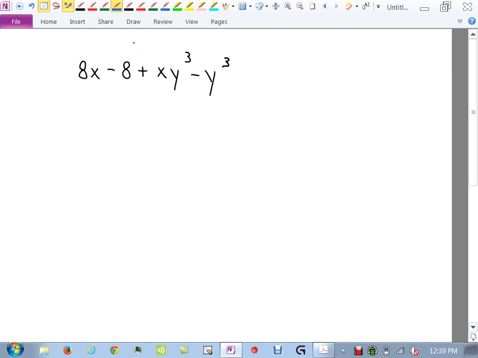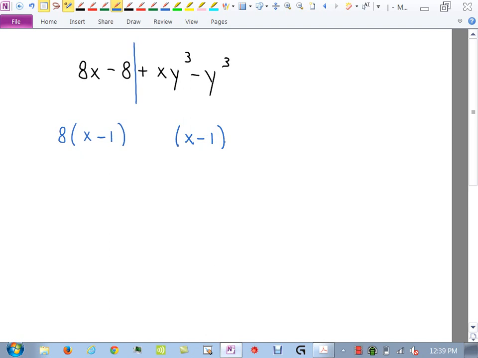So I split it right after the 8. And then I look at the first 2 terms and I say, what can I factor out here? 8, right? So if I factor an 8 out, what am I left with? X minus 1. Now with grouping, we always like to say, whatever we get here, we're going to try and match it. So I put x minus 1 over here.